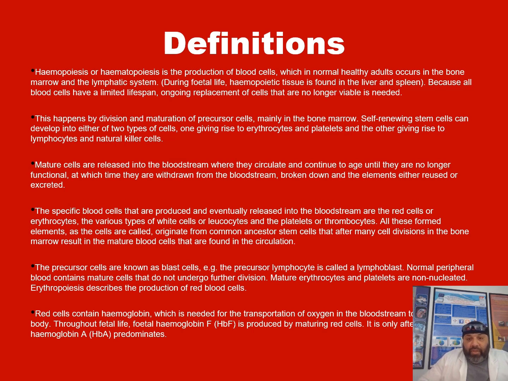During fetal life, haemopoietic tissue is found in the liver and spleen. An underlying aspect here is the liver is important in relating to the development and harboring of what are known as the clotting factors.